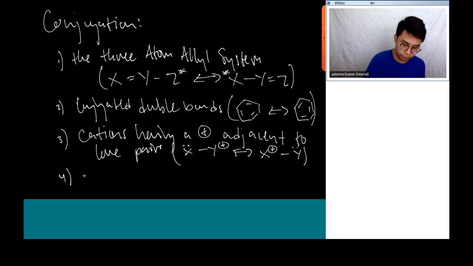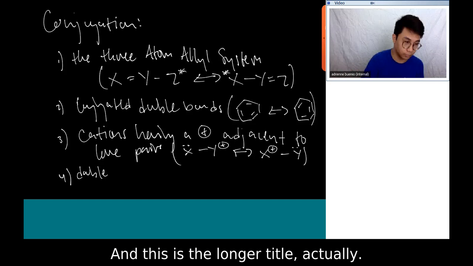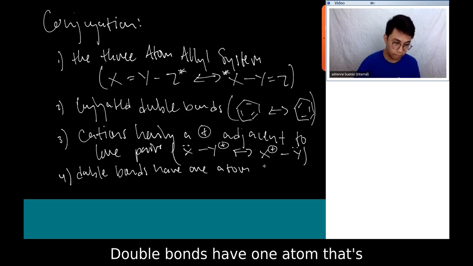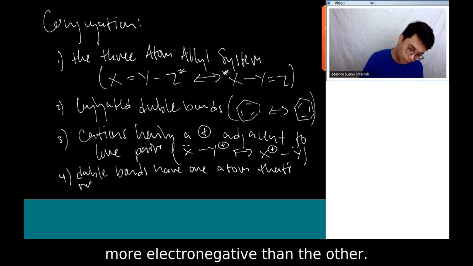And this is the longer title actually. Double bonds have one atom that's more electronegative than the other.